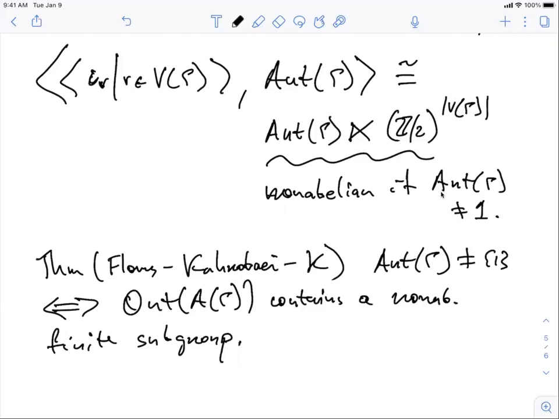So one of the reasons for considering something like automorphisms of a graph is because it's related to the isomorphism problem, which is very important in complexity theory. Although we know for certain that the problem of determining whether two graphs are isomorphic to each other or not is not NP complete. It's this quasi-polynomial time solution by the work of Babai.